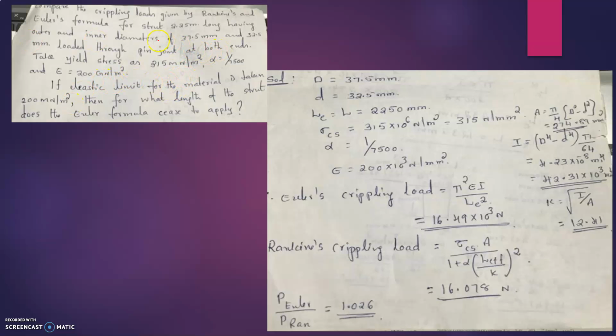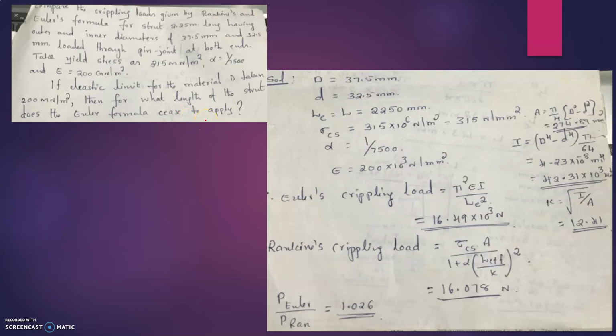Here you have to calculate both Euler's and Rankine's. Then you have to compare the loads. In addition to that, one more question is there. If the elastic limit for the material is taken as 200 meganewton per meter square, then for what length of the strut does the Euler formula cease to apply?